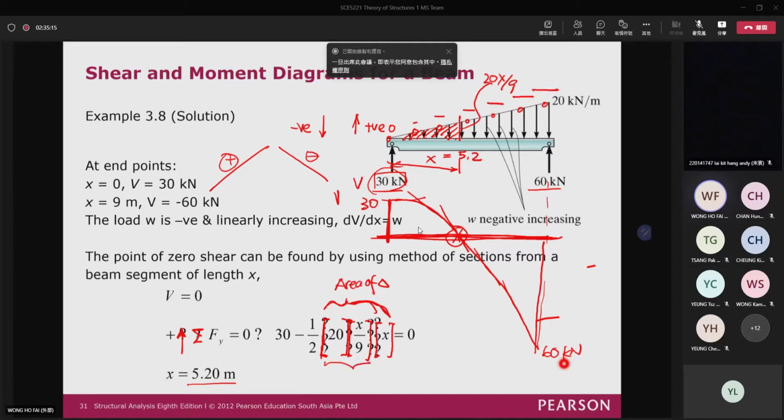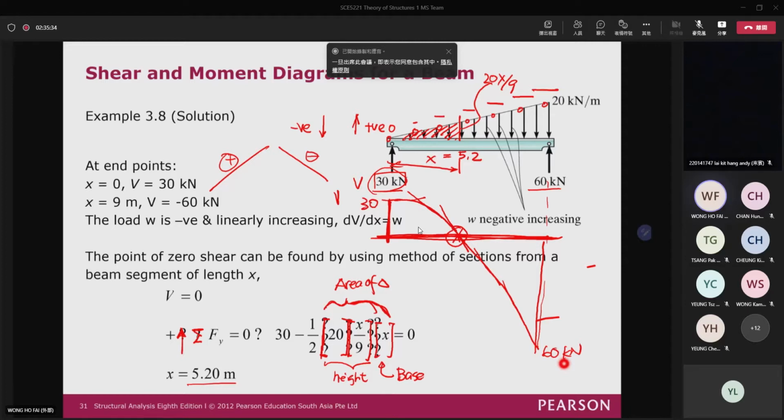This is the base, the height of the triangle, and this is the base distance of the triangle. Then you can find the value of x is equal to 5.2 meters.